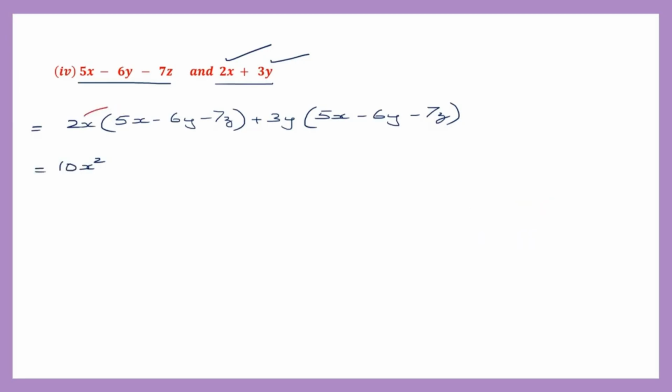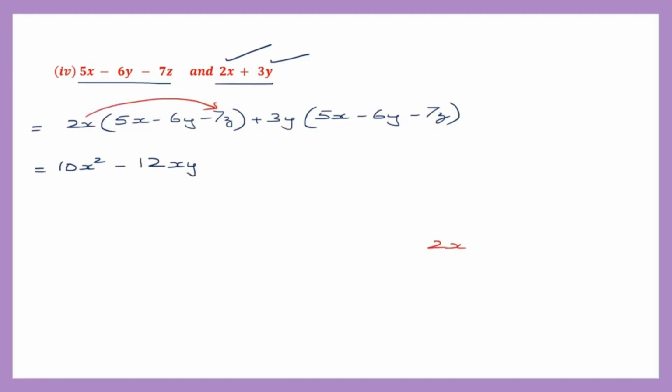Now let's multiply 2x into minus 6y. So here the sign is plus into minus is minus. The numbers, 2 6s are 12. There is 1x and 1y, so that is xy. So this is minus 12xy. Now we multiply 2x into minus 7z.